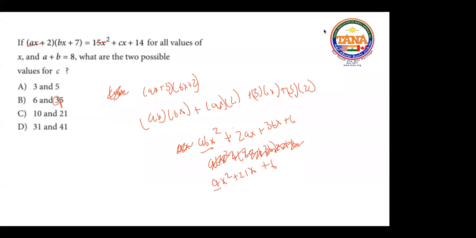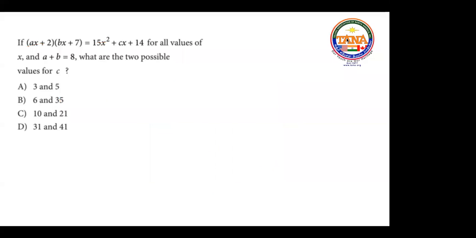All right, so this question. First thing you do, you FOIL. I'm not going to do the entire procedure of FOILing this, but what you should get is abx squared plus 7ax plus 2bx plus 14 equals 15x squared plus cx plus 14.